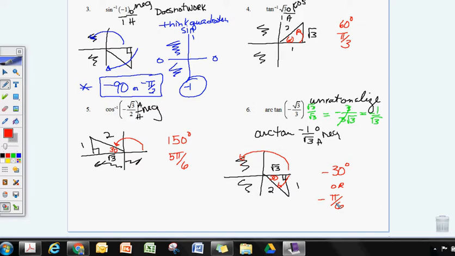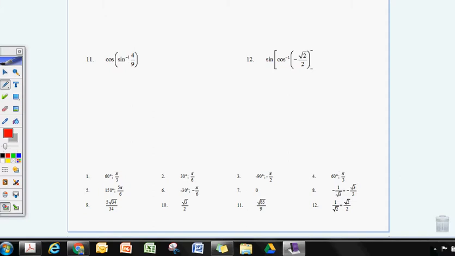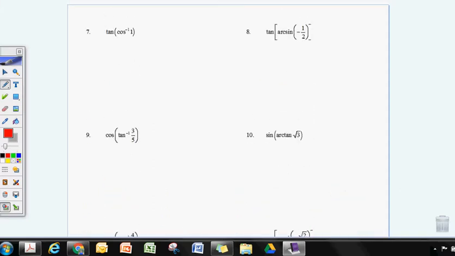So now we're going on to page 2, and the problems change a little bit, but they don't change the directions. Just like any other type of problem, we're going to start with this inside stuff. This is going to help me draw the triangle. If I can draw the triangle, then I can answer the question.